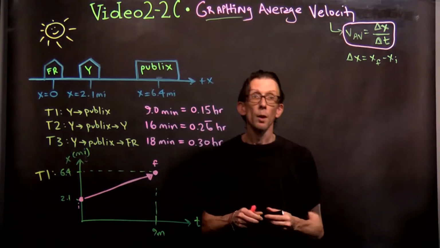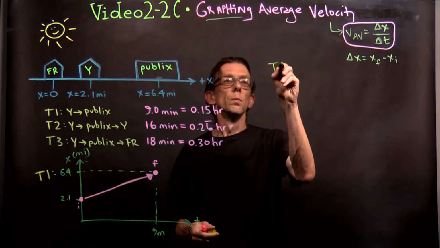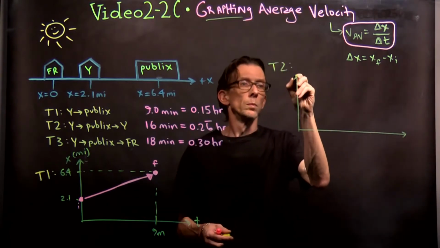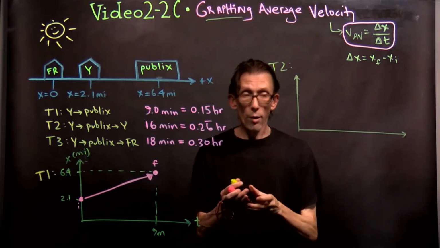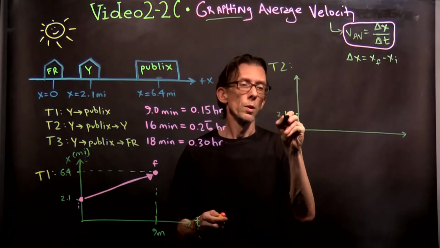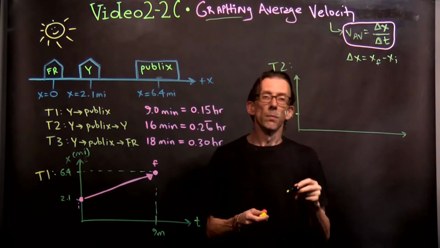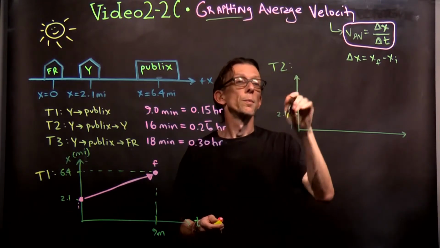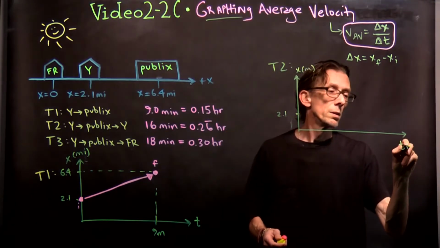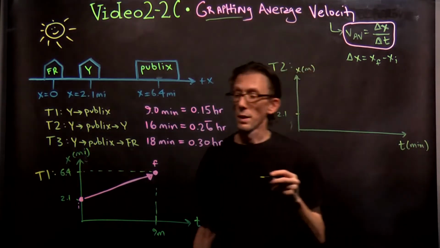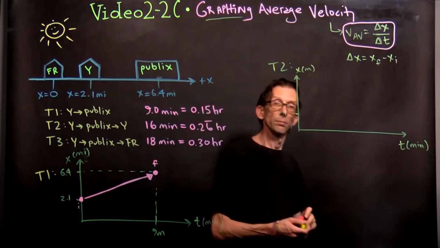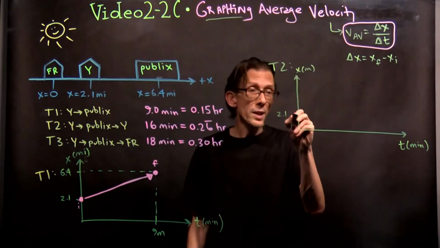All right. Let's do trip 2. All initial points are the same, at 2.1 miles. This is x in miles. This is going to be t in minutes. So the starting point is the same.